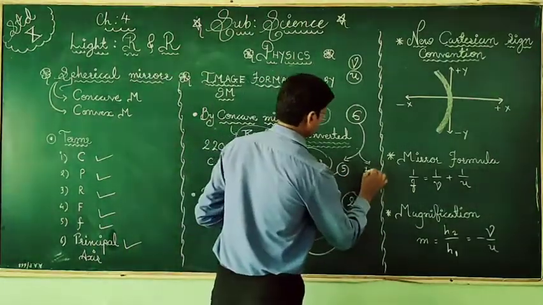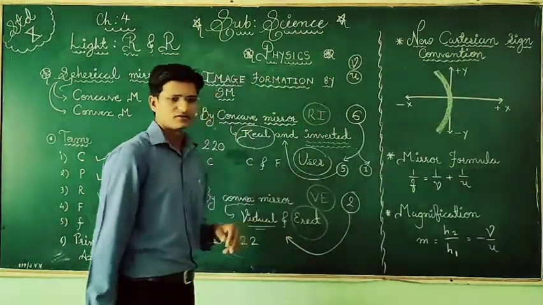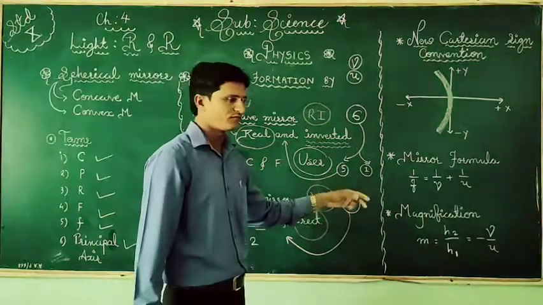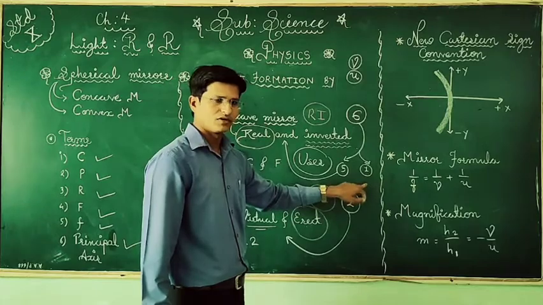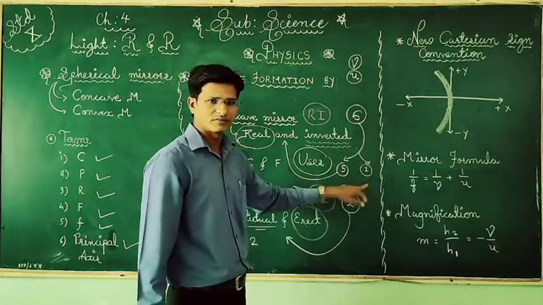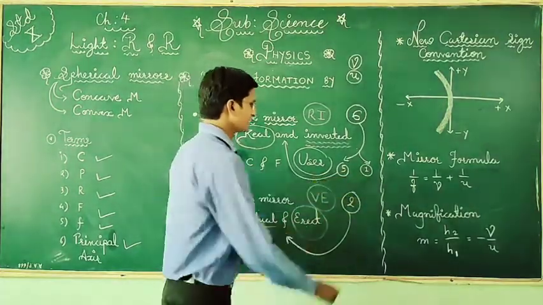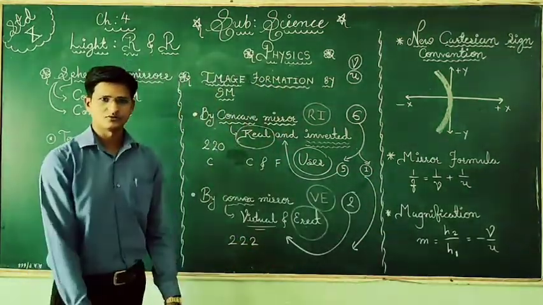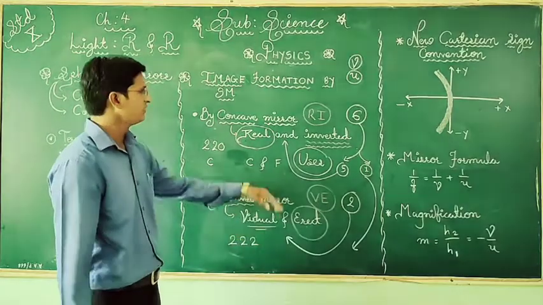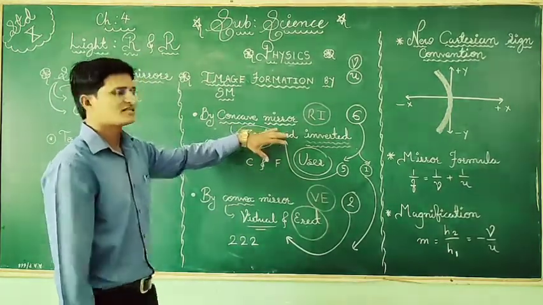Only in one position, where the image forms behind the mirror, it will be virtual and erect. Sometimes students make mistakes because they consider this part for the convex mirror also. So please be careful whenever they ask this type of question.